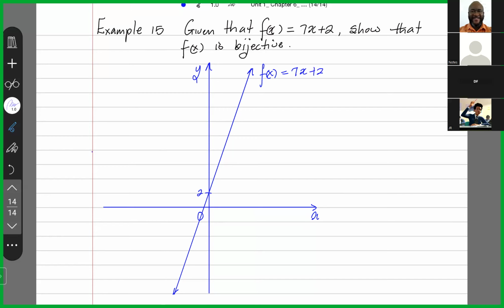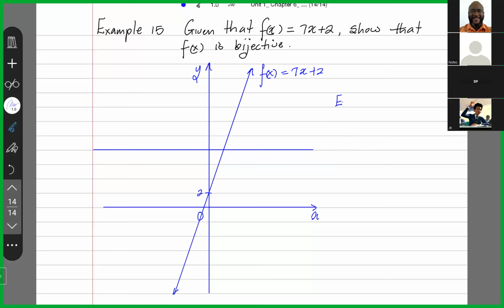Now, every horizontal line that I can draw through this graph, every line I can draw through this graph parallel to the x-axis will cut the graph. All right, so let me just make these statements.